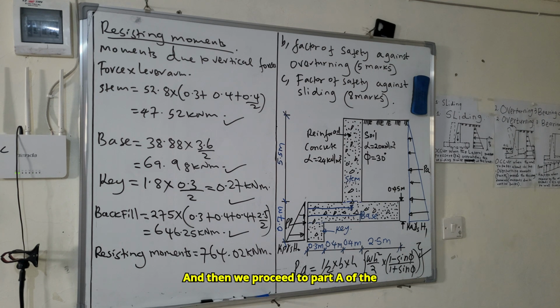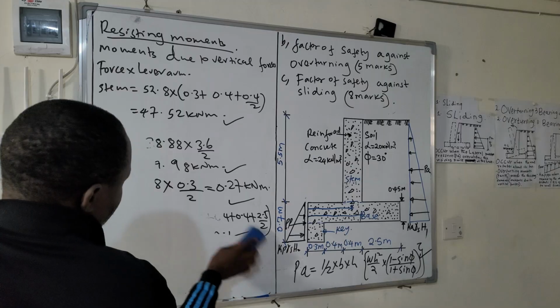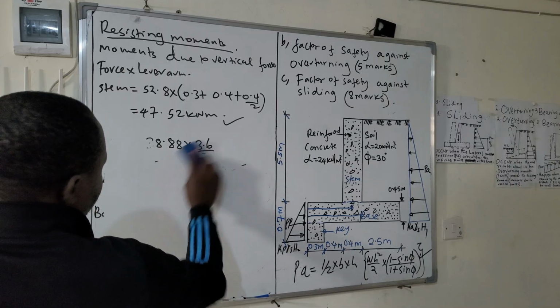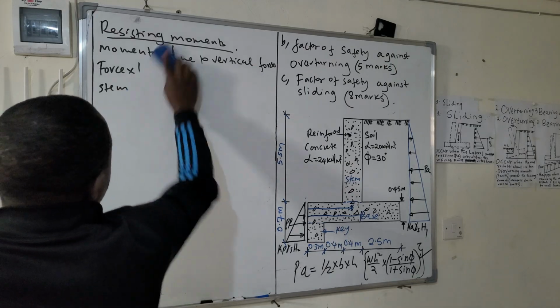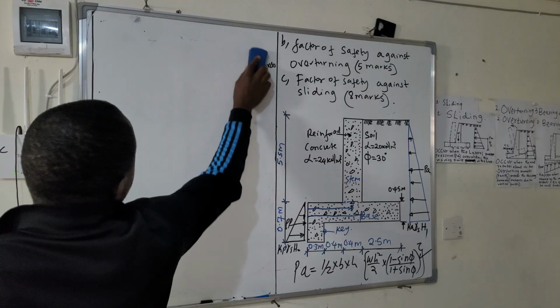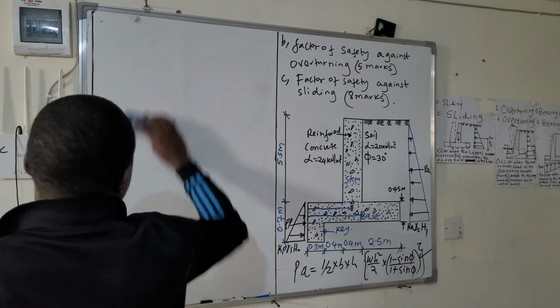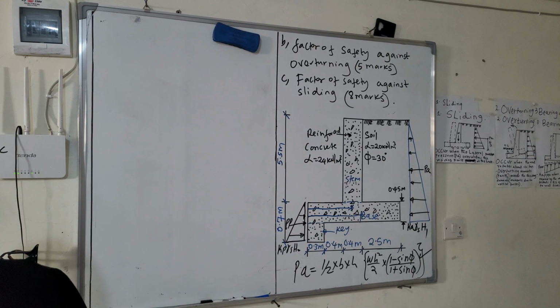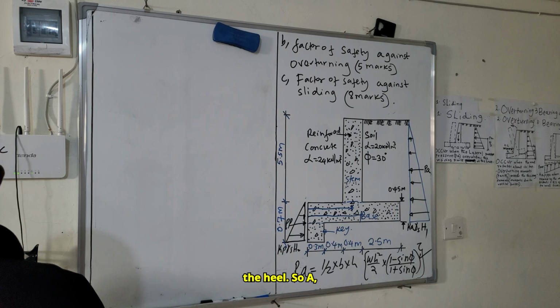And then we proceed to part A of the question. Now we start solving the question. We go to part A. So you will allow me to clean here so that you can start solving part A. So part A is asking for the pressure at the toe and the heel.